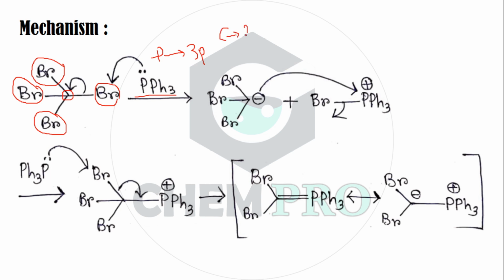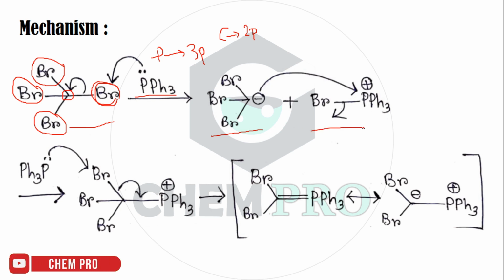So the PPh3 is a very potent nucleophile and it takes the bromine ion and makes this tetrabromomethane into tribromomethyl anion and makes itself bromotriphenylphosphonium cation.